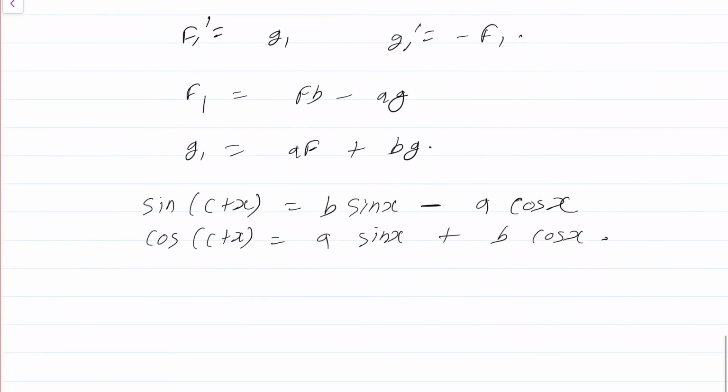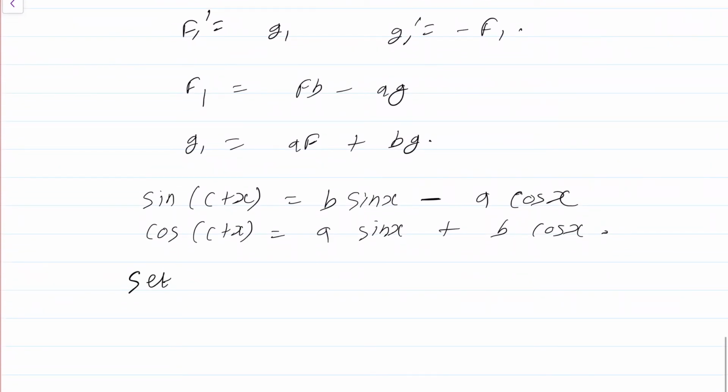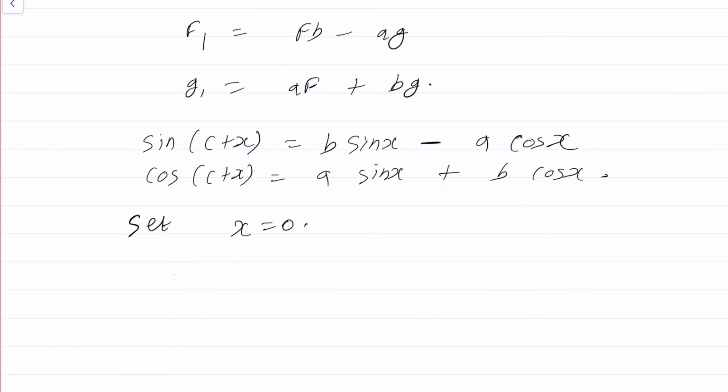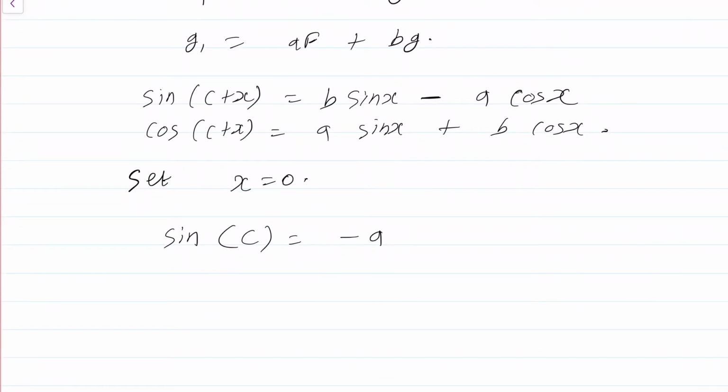Now what we do is set x equal to 0. What we get is minus a is sine c, and the second equation gives us cos of c is equal to b. Just by setting x equal to 0.